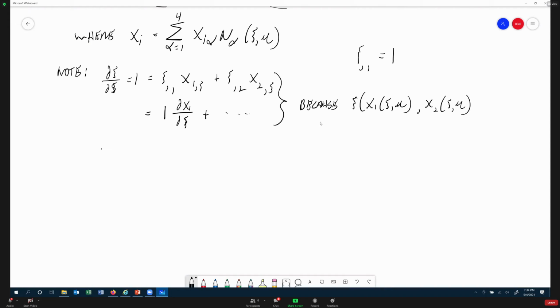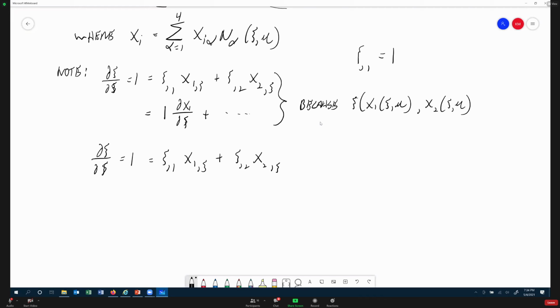So to repeat, we have the partial of C with respect to C is equal to 1. And again, C comma 1 X1 comma C plus C comma 2 X2 comma C. Sorry to repeat this one, but it's carried over to another page.